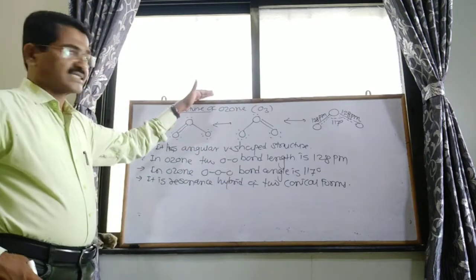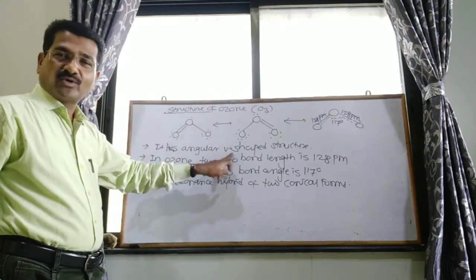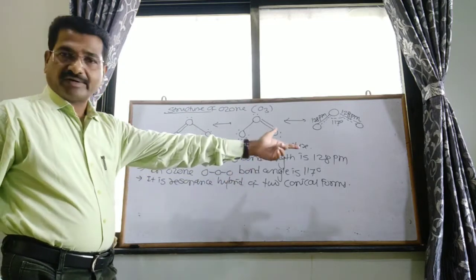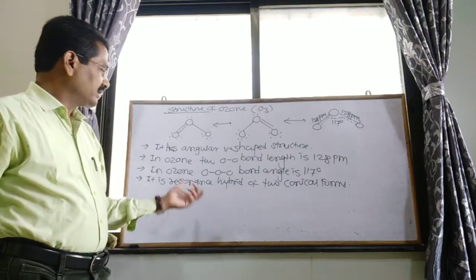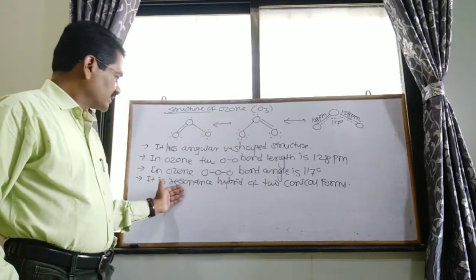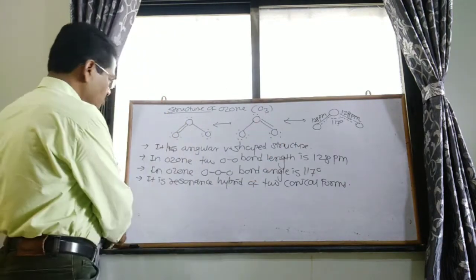This is the structure of ozone. First of all, a V-shaped angular structure. Then the O-O bond length is 128, identical. Then the bond angle is 117 degrees. And lastly, ozone is a resonance hybrid of 2 canonical forms.